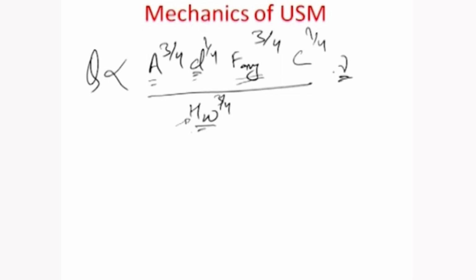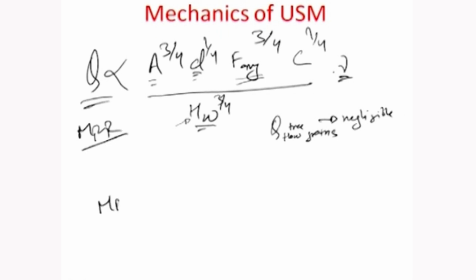Okay. And as I already discussed, the MRR because of free flowing grains is negligible. Therefore, this really is the MRR value. Okay. And therefore, it is safe to say that MRR is proportional to d power 1 by 4, okay, where d is the grain dia.